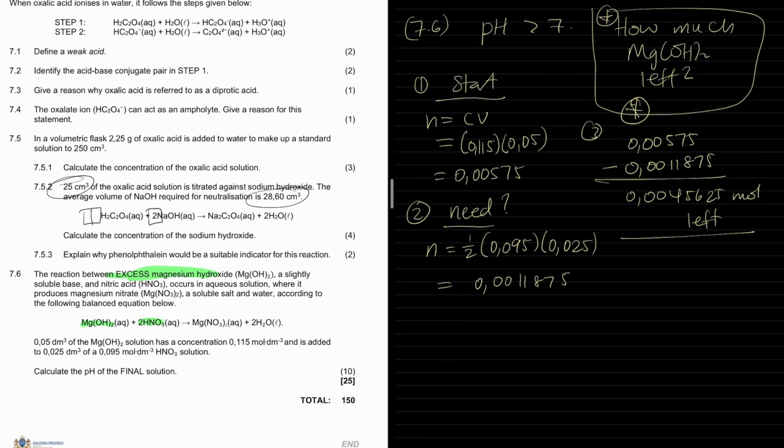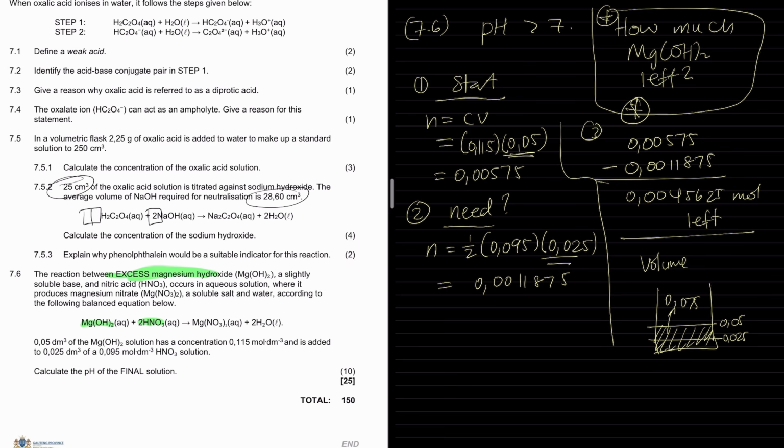The total volume of the container is going to be how much we had of the base and how much we had of the acid. So we had 0.025 and then we added in 0.05, and so now the total amount of liquid in there is going to be 0.075 dm cubed.